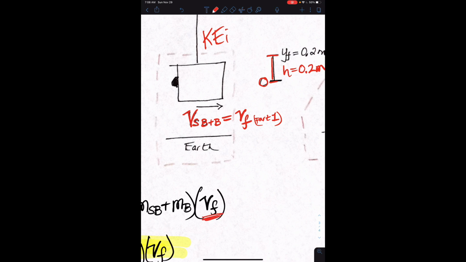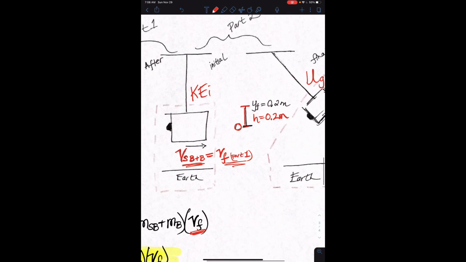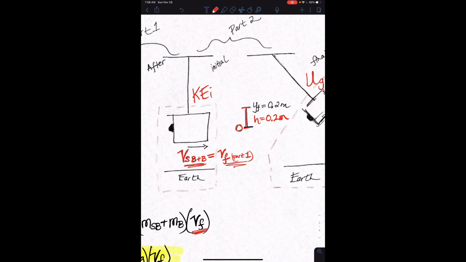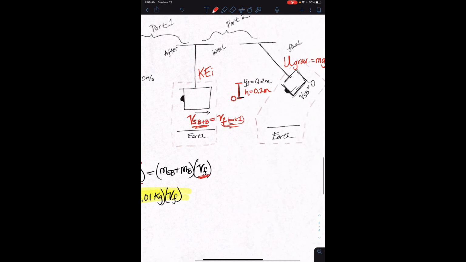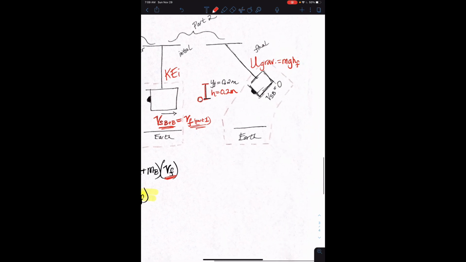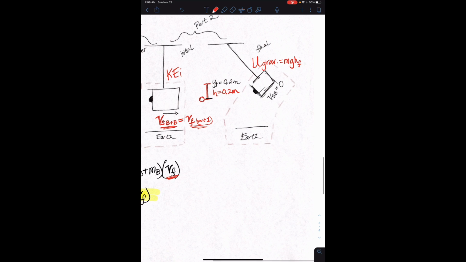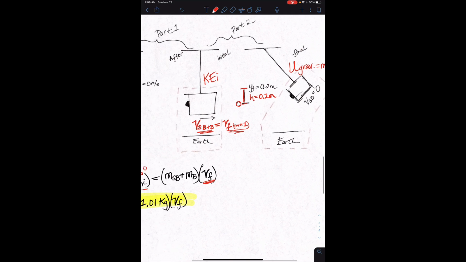So the initial velocity in this energy balance is equal to the final velocity from the momentum balance. I think that makes sense, so hopefully it makes sense to you. All right, so what are we going to call this dang velocity? Let's just stick with VF.